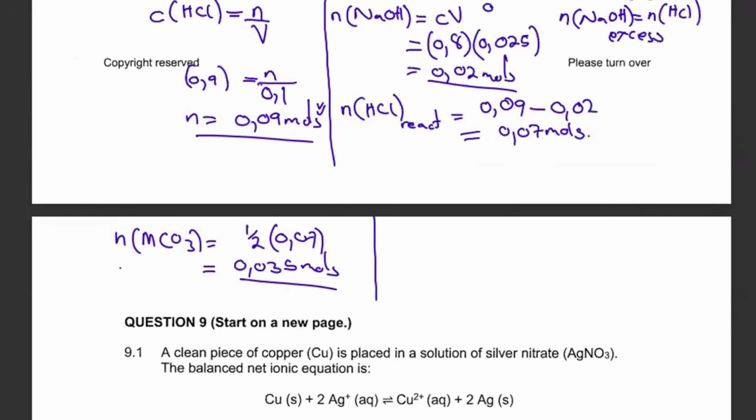To calculate the number of moles, remember n of MCO3, according to the formula, is equivalent to m over M. The small letter m is the mass that we're looking for, and the molar mass is the one we're looking for, right?